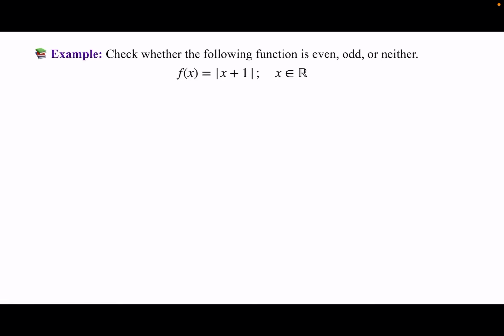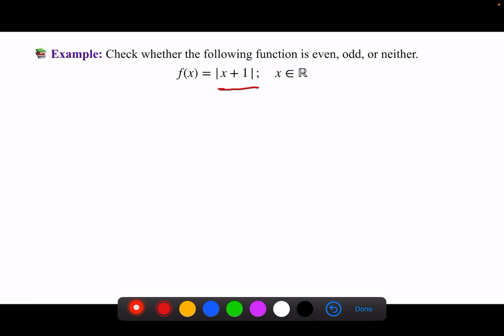Example: check whether the following function is even, odd or neither. The given function is modulus of x plus 1 and the domain is the set of all real numbers. For the given function, the domain is symmetric.